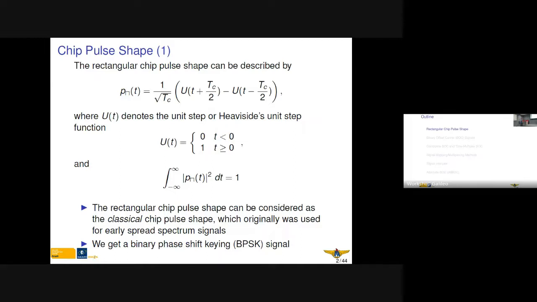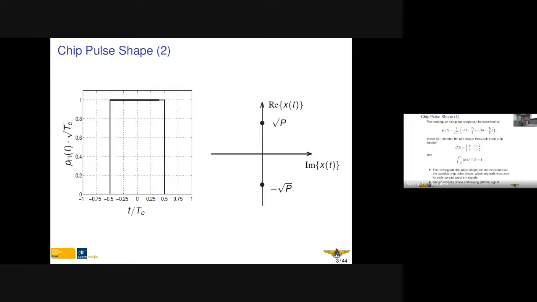So when you open a book about spread spectrum signals, they all use rectangular chip shapes. So when we use this chip pulse shape for our spreading sequence, so for the pseudo-random sequence, we end up with a binary phase shift keying signal. This is how this looks like.